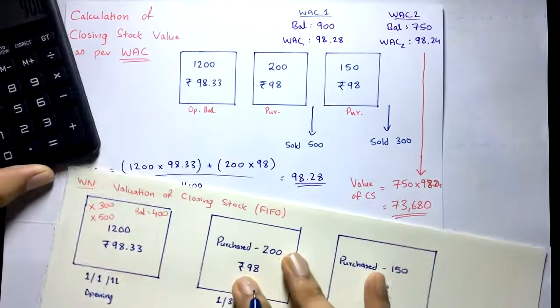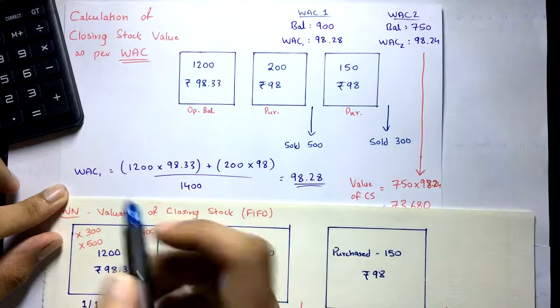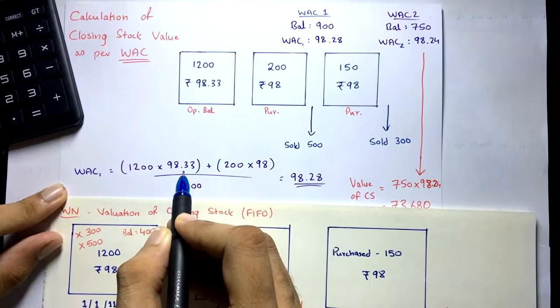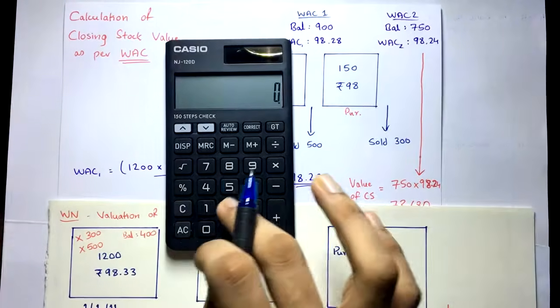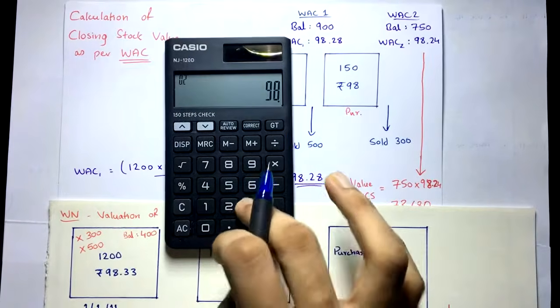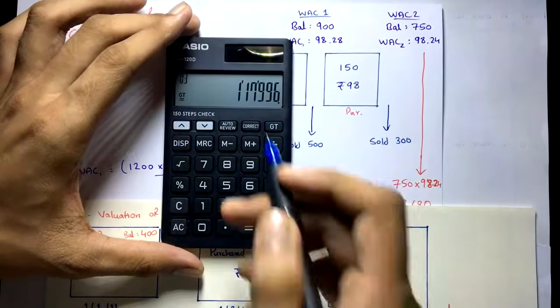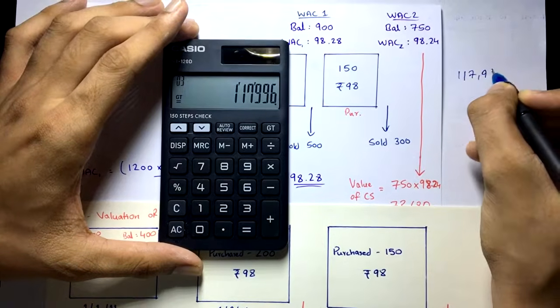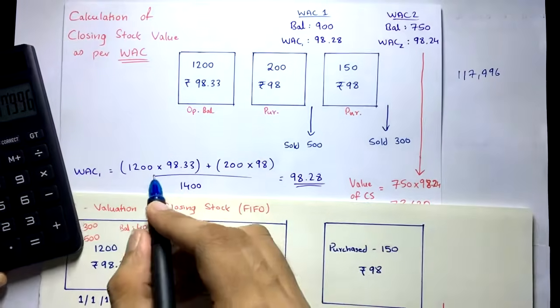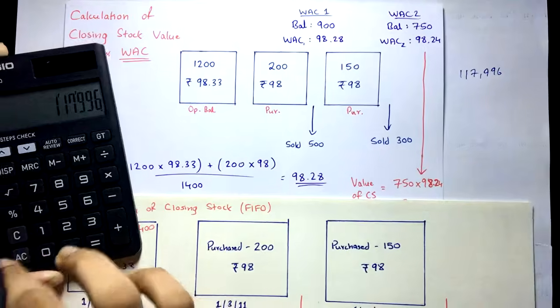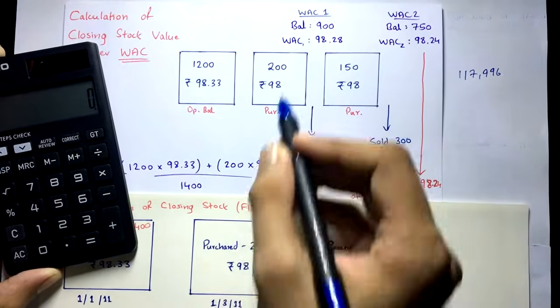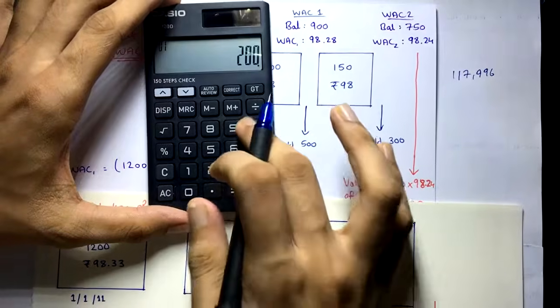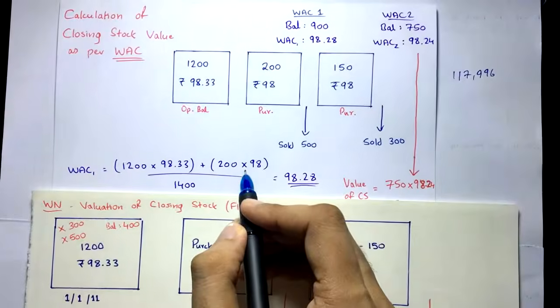So see the calculation here. WAC 1: 1,200 into 98.333 is equal to 1,17,996. Plus 200 into 98, that is equal to 19,600.